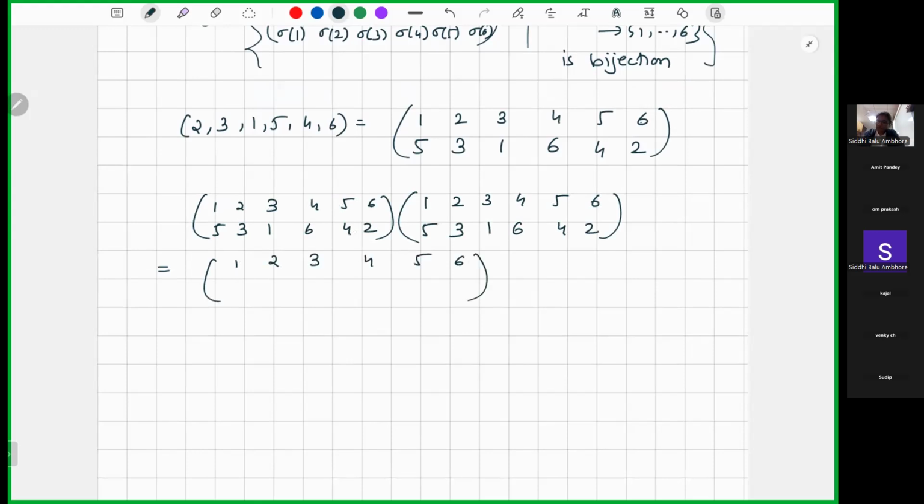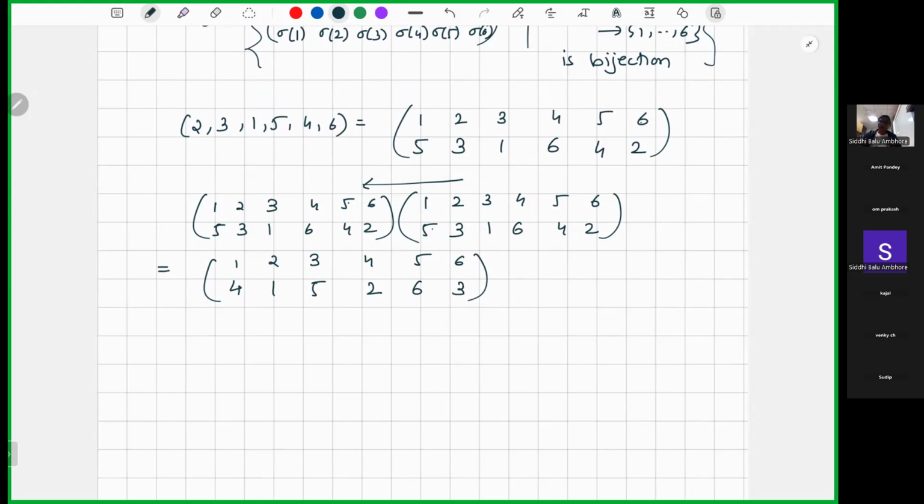So how does it go? 1 goes to 5, and here I check 5 goes to 4. 2 goes to 3. We start from right and go towards left. 2 goes to 3, 3 goes to 1. Now 3 goes to 1, 1 goes to 5, 4 goes to 6, 6 goes to 2, 5 goes to 4, 4 goes to 6, 6 goes to 2, 2 goes to 3.